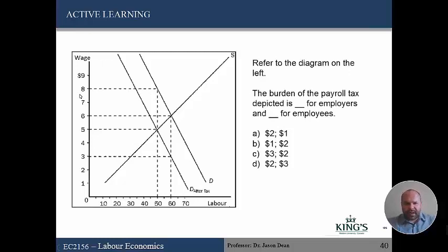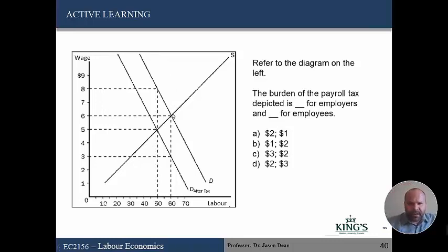Okay, look at this diagram. The question is asking us, the burden of the payroll tax depicted is what amount for employers and what amount for employees. So what's the burden for employees and the burden for employers?